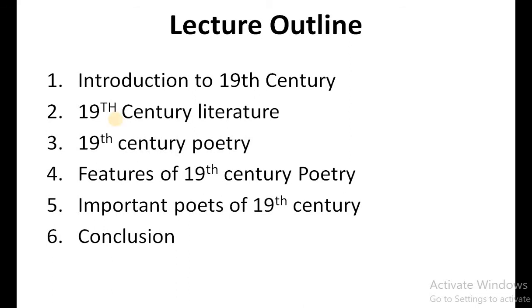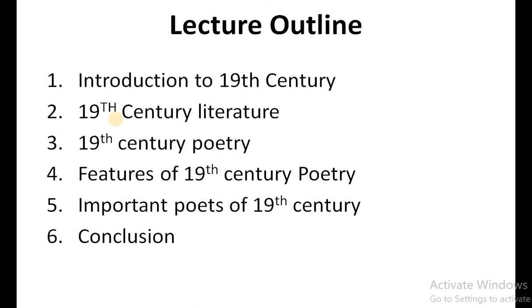Whenever we talk about literature, it always comes accompanied by the changes taking place and the effect of those changes on the mind and the psyche of the people of that time. All right, next we will discuss 19th century literature.